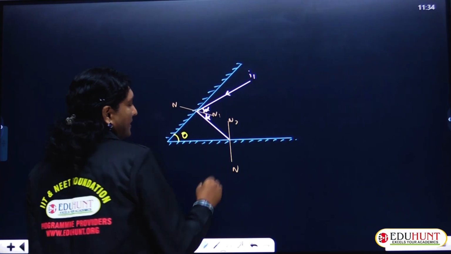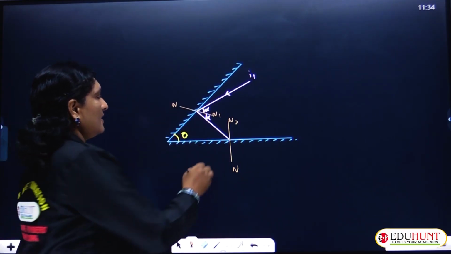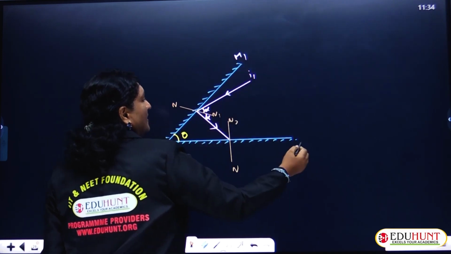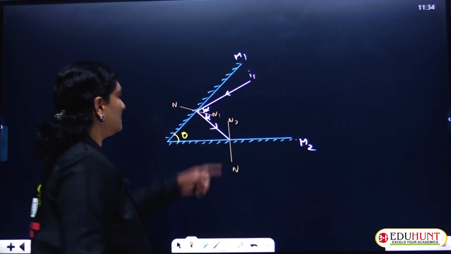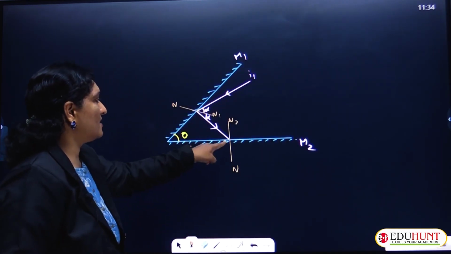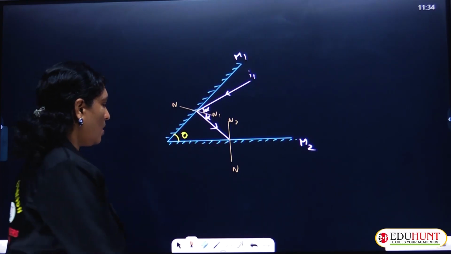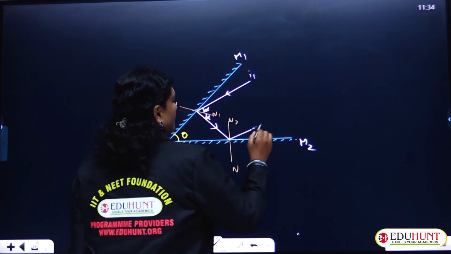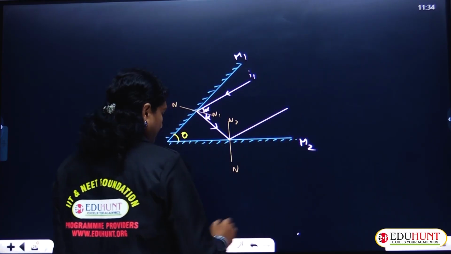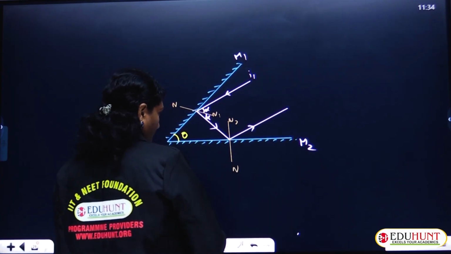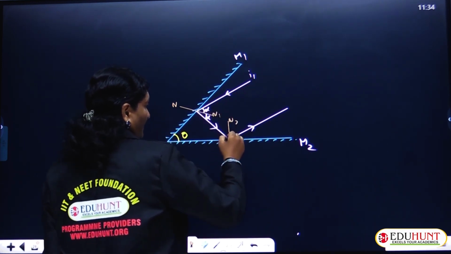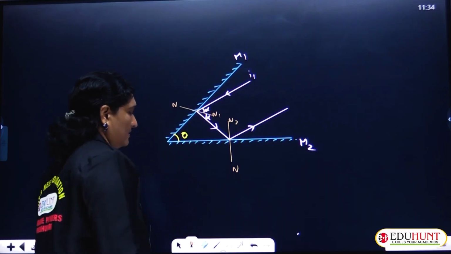Again, this light ray is re-incident on mirror 2. This is mirror 1 and here is mirror 2. So, this light ray after reflection falls on the second mirror. On the second mirror, again it is reflected into the same medium as shown in the figure. This light ray is reflected, again reflected back.